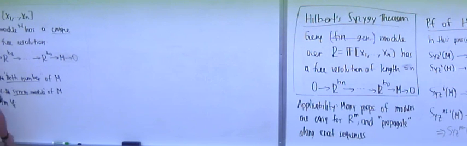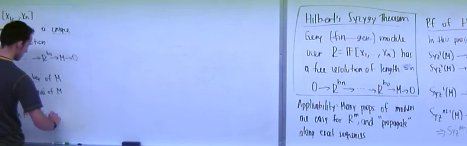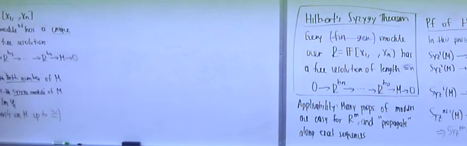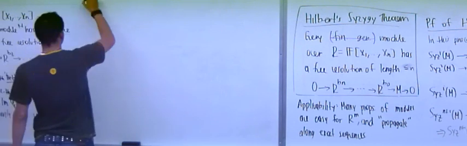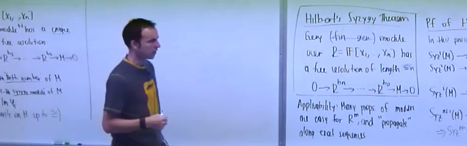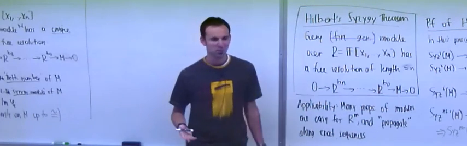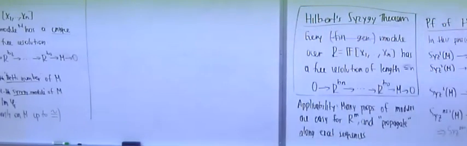And these things depend only on M, up to isomorphism. So now I can give you a better answer to your question about these numbers.